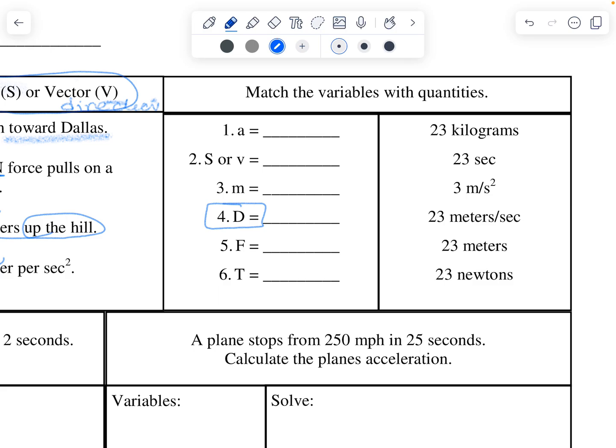I'm going to do first D. D is distance. This is our easiest one. This one will be 23 meters. I'm going to cross this off so you can see that we're done. M stands for mass.